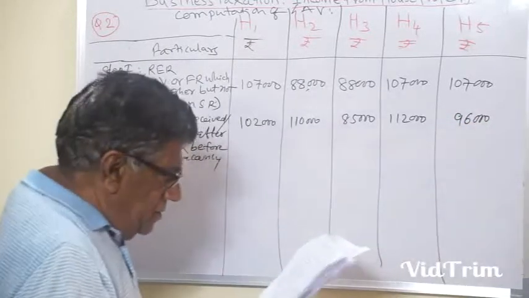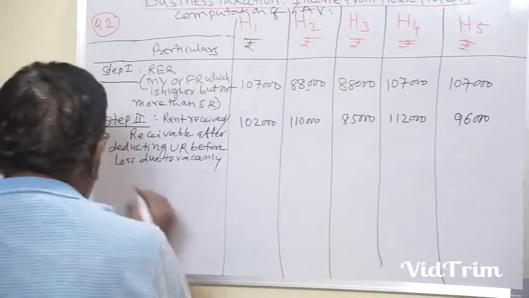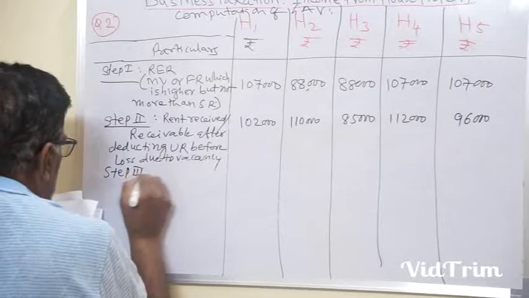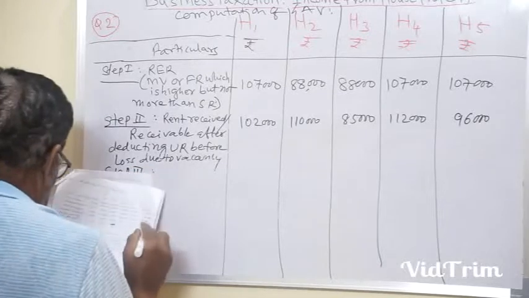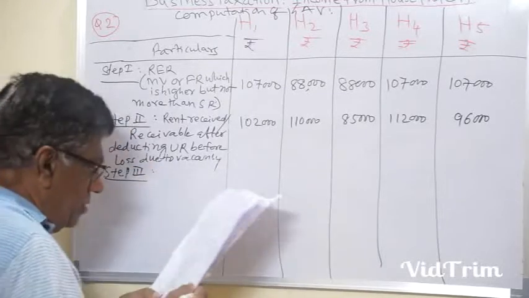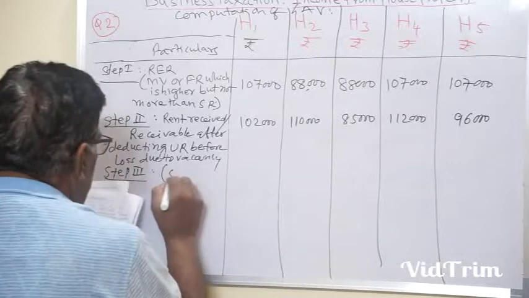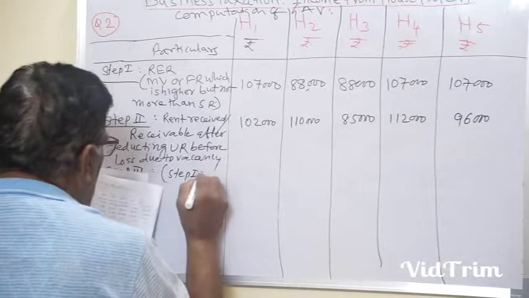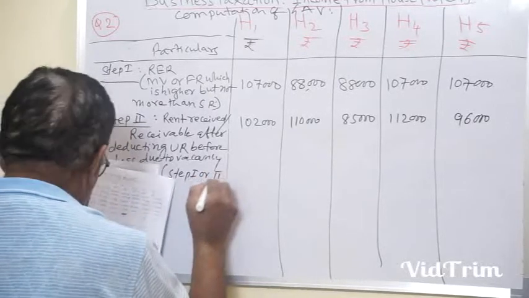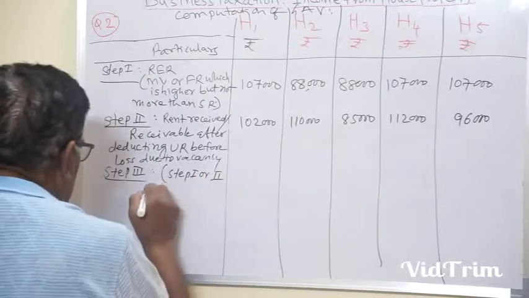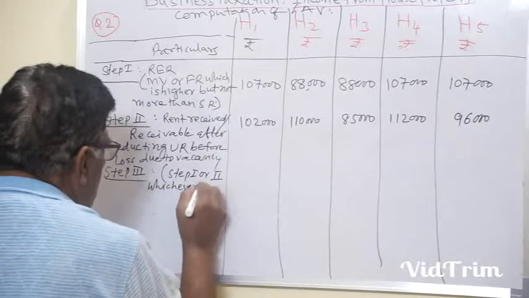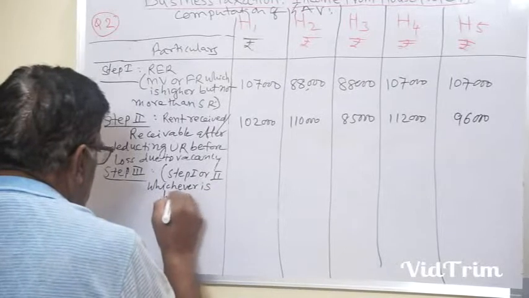Right? So then we go for step number 3, that is, we take step 1 or step 2, whichever is higher.